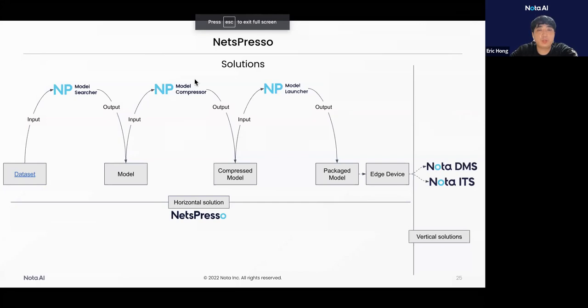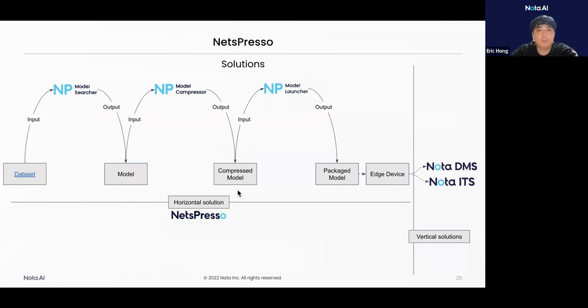After the model compressor work is completed, the output is a compressed model. Its extension is mainly TF-Lite, and we'll put it into the model launcher and the output is a packaged model, and we put it in each device.